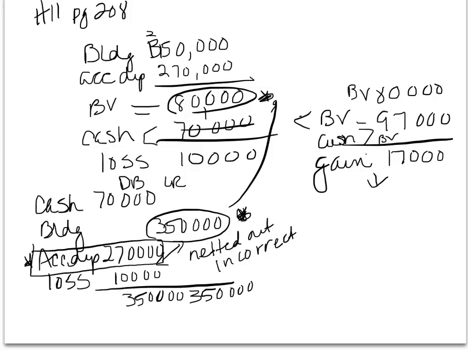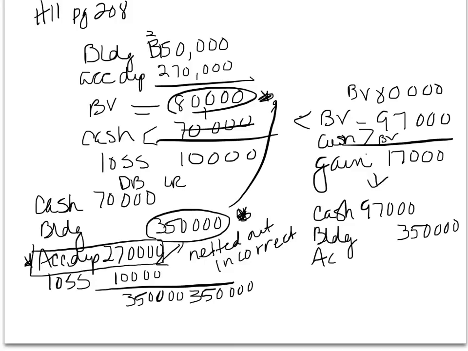So to record this transaction, we would have cash of $97,000. We would still have the same amount credited to the building of $350,000, and the same amount going against the accumulated depreciation of $270,000.